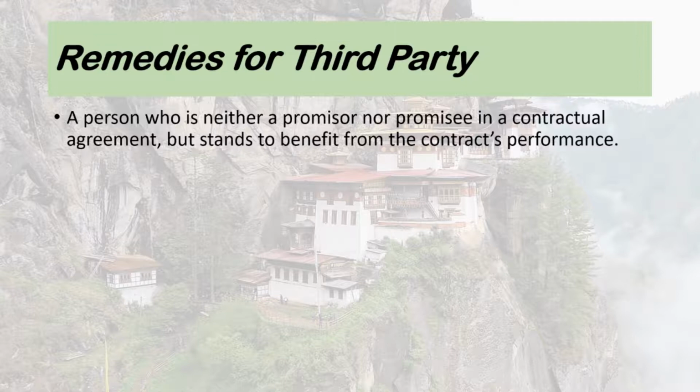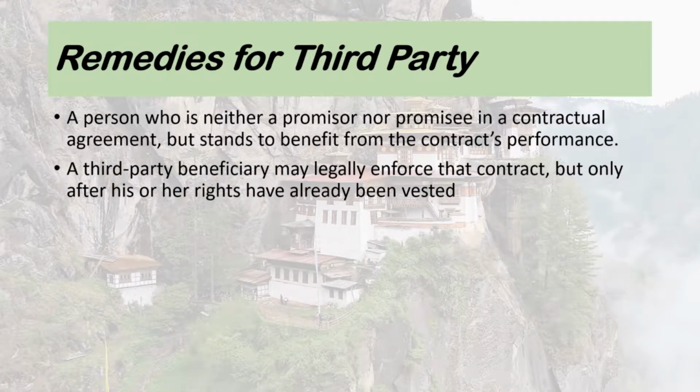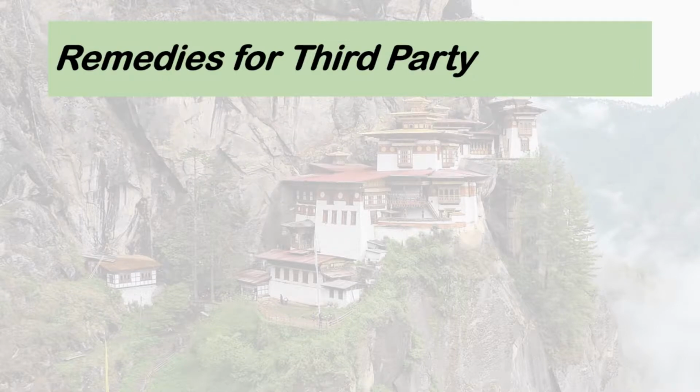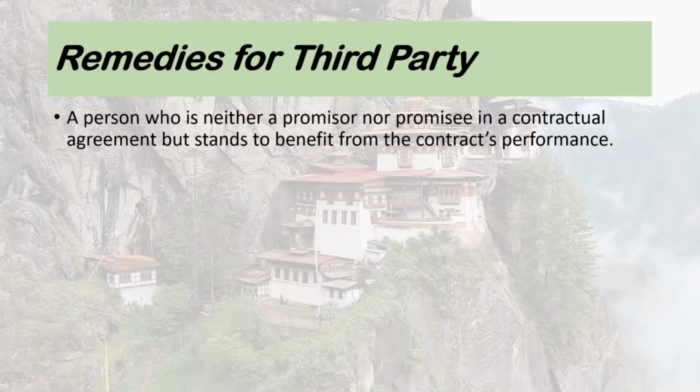The intent to benefit test looks to see if circumstances indicate that the promisee intends to give the beneficiary the benefit of the promised performance. Any defense allowed to a party of the original contract extends to the third party beneficiaries. So a third party is a person who is neither a promisee in the contract but stands to benefit from the contract.